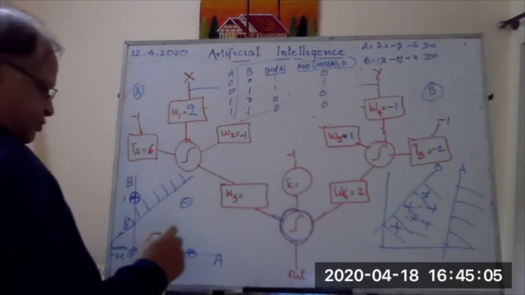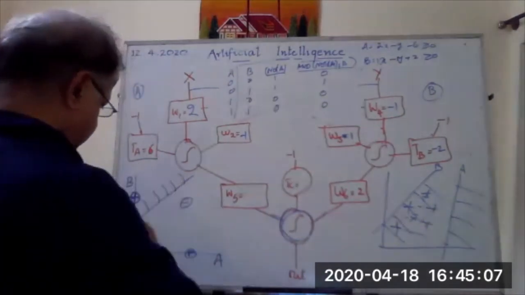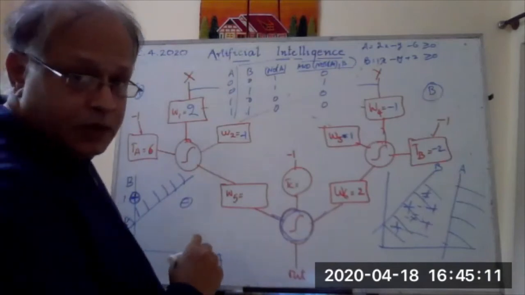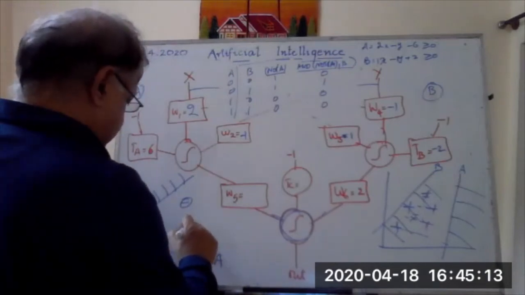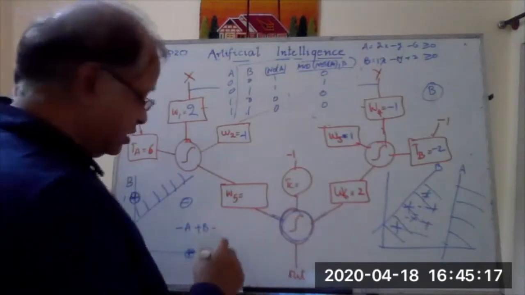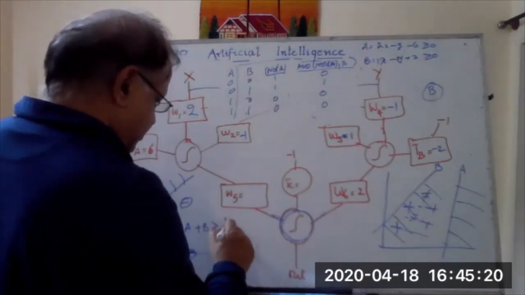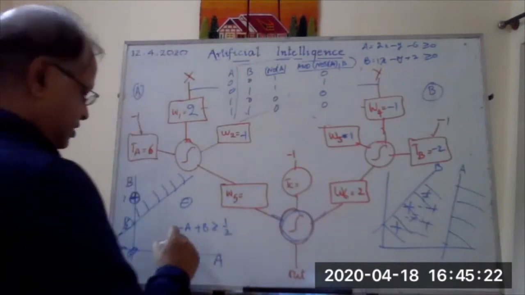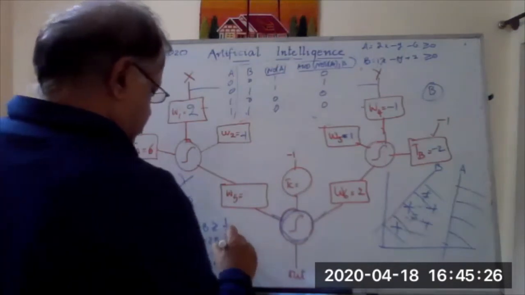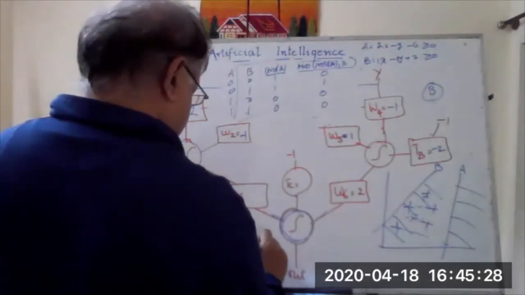So the equation would be something like minus A plus B greater than or equal to half. That means minus 2A plus 2B minus 1 greater than or equal to 0.